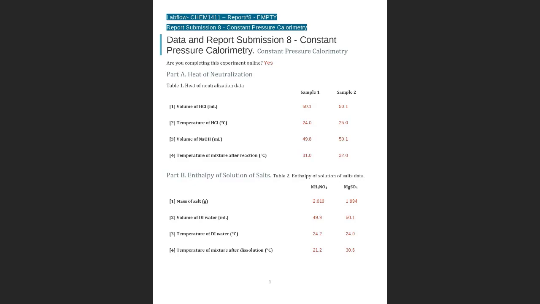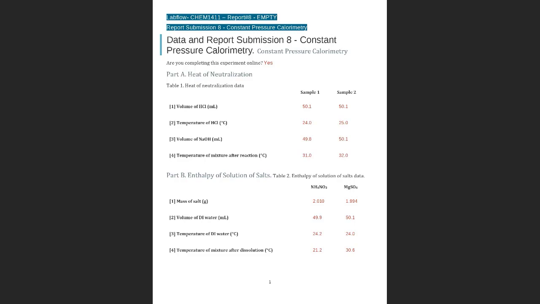Okay, so this is the report. The first thing that you are going to see is whatever is in red means they are telling you. So the first part, they give you everything, the volume, they do it in duplicate.